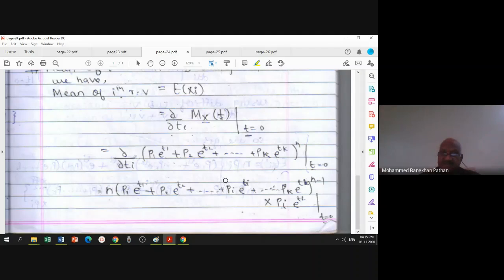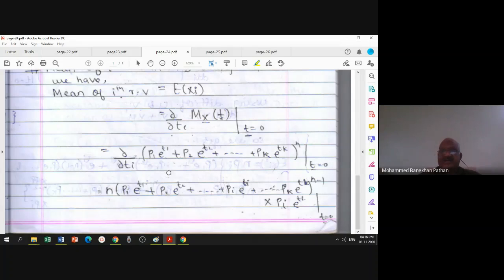At the middle place, there is ti. So the differentiation of this I write here. Pi is a constant, multiplied as it is. Differentiation of the exponential is as it is. Multiply the differentiation of the power, that is ti with respect to ti, which becomes 1, so that is not written.